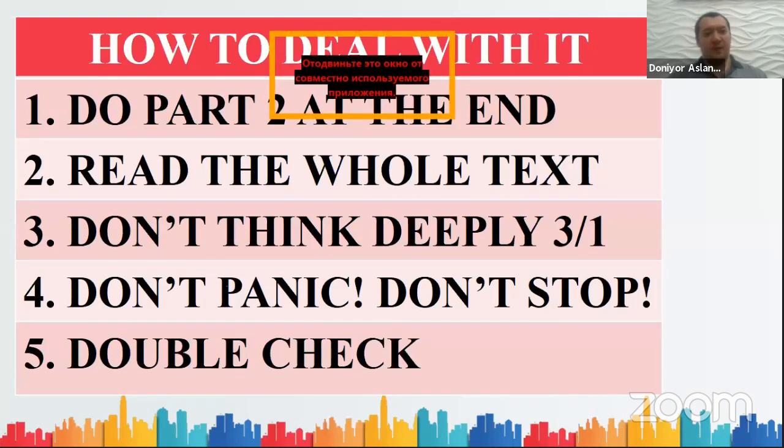Some people just start, okay, it's question number one, I have to choose one right answer, and then I have to move to the second one. No, do not do this. If you are informed about the whole text and you have some background knowledge of it already, you can find, let's say, 3 or 5 or even more correct answers.